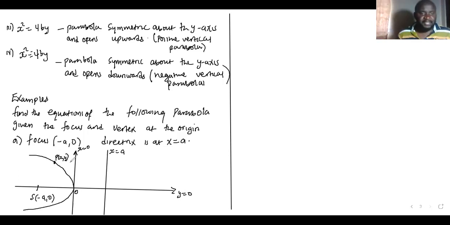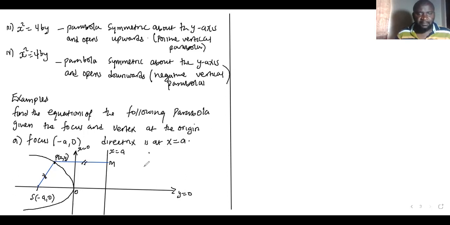If that is xy, then we can assume the perpendicular to the directrix to be that, and then we can assume the distance from the focus to the point P also to be that one. In that sense, these are supposed to be equal as per the definition of the parabola. This is P, this is M.